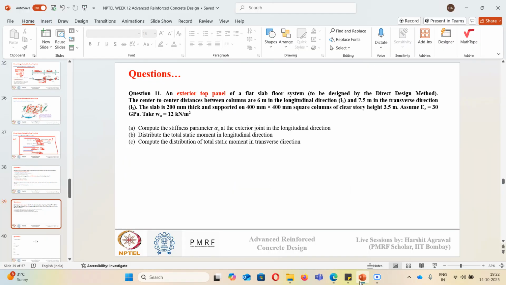So can anyone tell me how we'll solve the first part? How will you calculate the stiffness parameter alpha C?